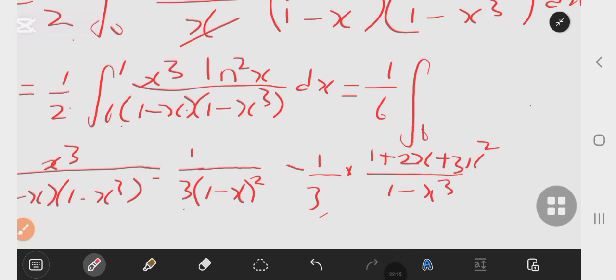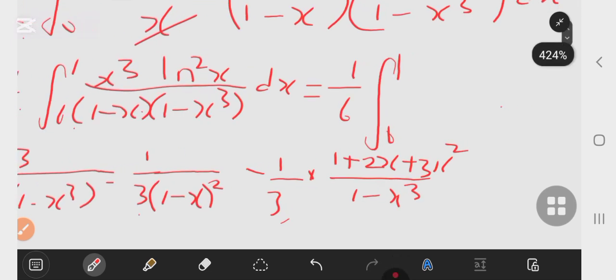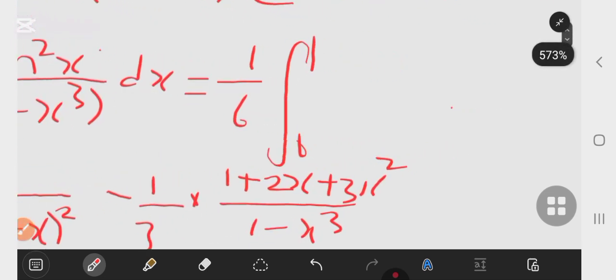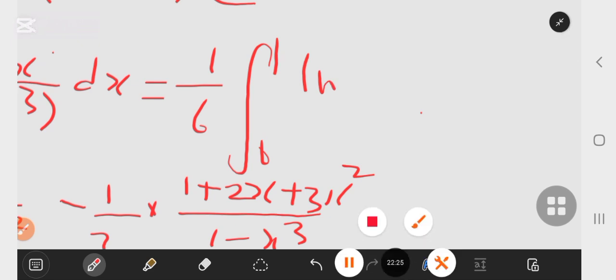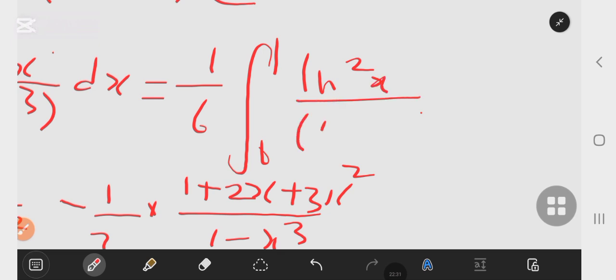Here I'll just put my ln square x, for it is not part of the partial fraction. I have ln square x all over 1 minus x squared dx. That is for this first one.